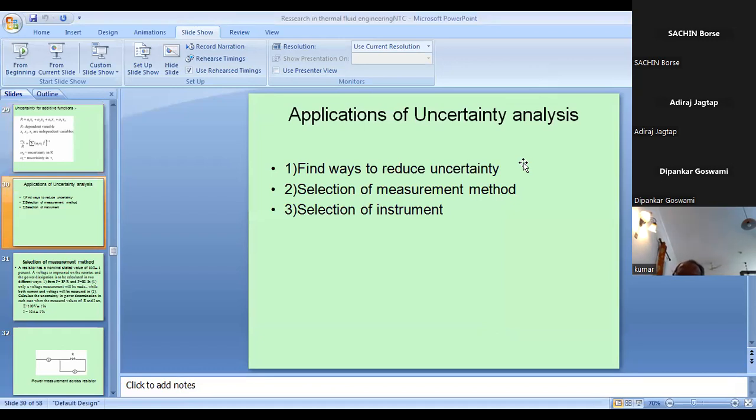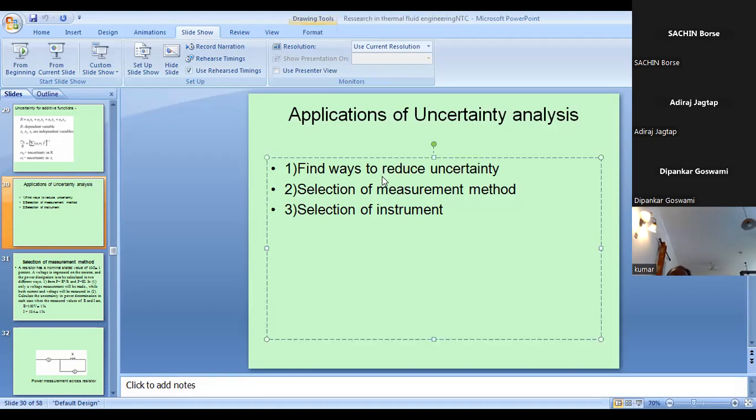Now, what is the use of this uncertainty analysis, which is very important for research measurement? Why do we do this analysis? To find ways we can reduce the uncertainty. Because once uncertainty is very small, maybe 1 or 2%, we can accept the result. If it is more, then we cannot trust the variation.